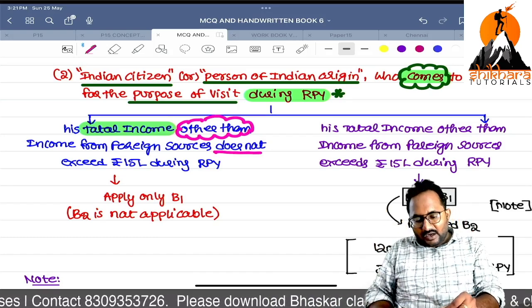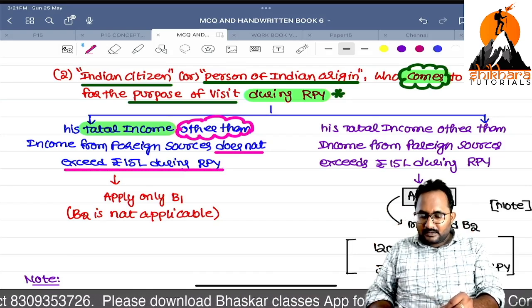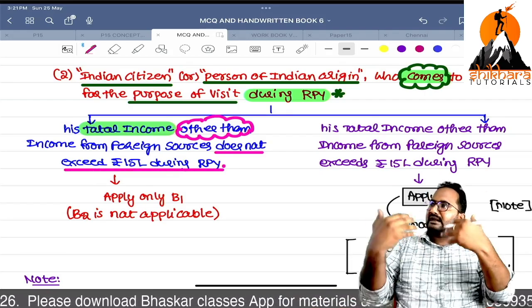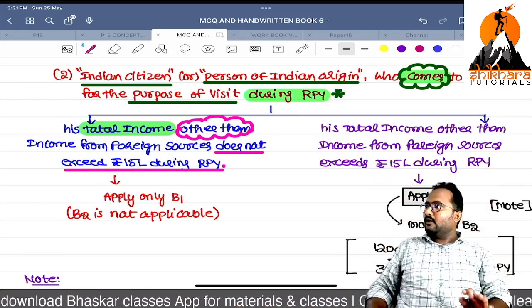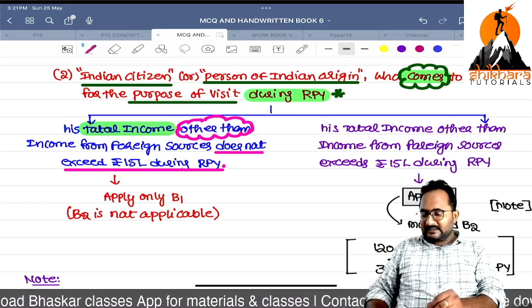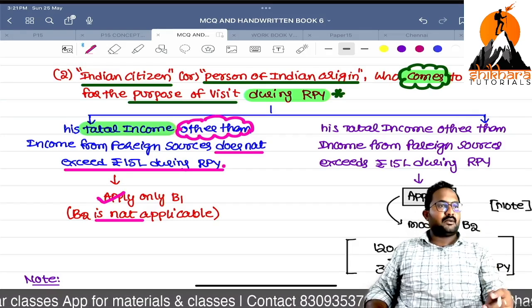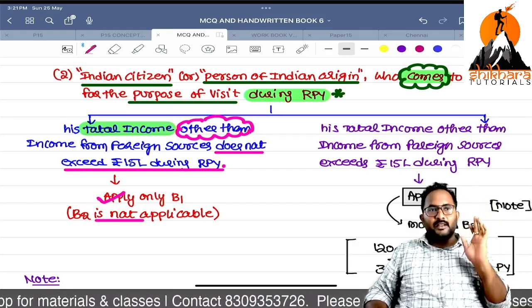If that does not exceed 15 lakh, this is the provision. Can you tell me, does he have miscellaneous Indian income or more Indian income? Miscellaneous only. Does not exceed 15 lakh. So while calculating the residential status, simply apply B1; B2 is not applicable. B1, B2 means what? Only basic condition 1 we have to apply. Basic condition 2 is not applicable.